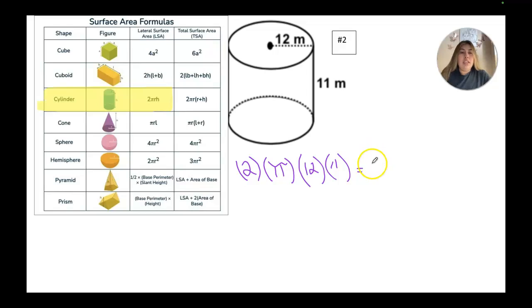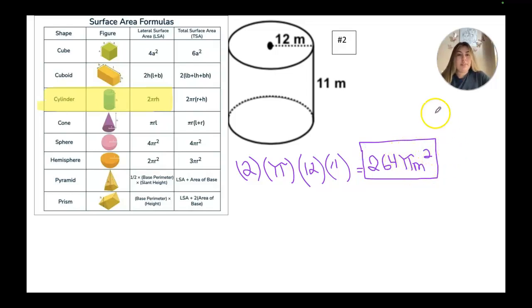So our answer is 264 pi meters squared, because they have meters. We just followed our lateral surface area formula, which is provided, and plugged in our numbers.